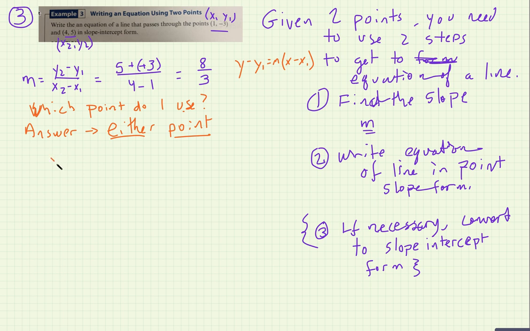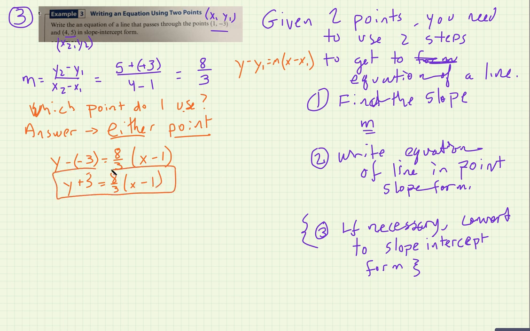So we're going to say y minus negative 3 equals 8/3, which is our slope, times x minus 1. Simplifying, that's y plus 3 equals 8/3 times (x minus 1).